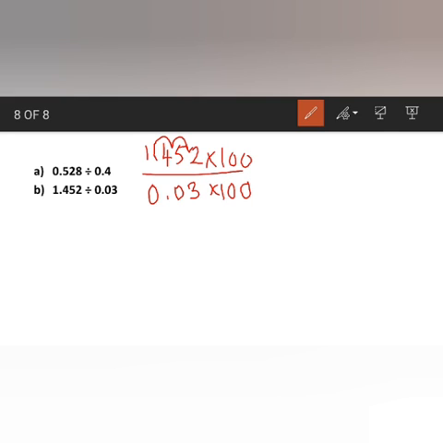And what about that in the divisor? When we are shifting, we'll get the divisor as 3. So that this will become 145.2 divided by 3. Now we can do the division.